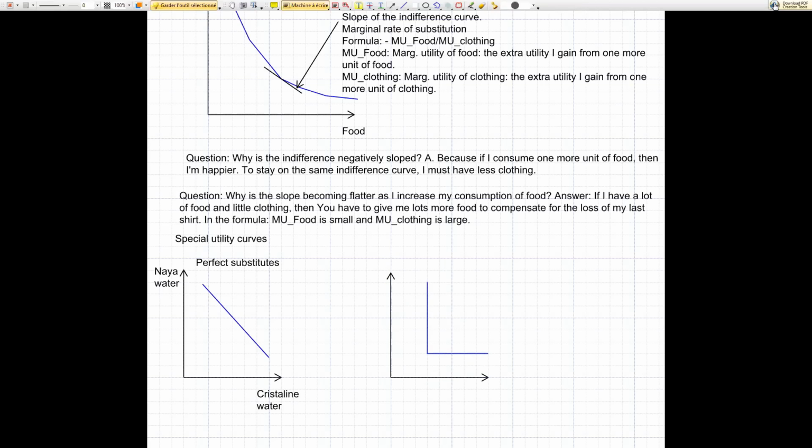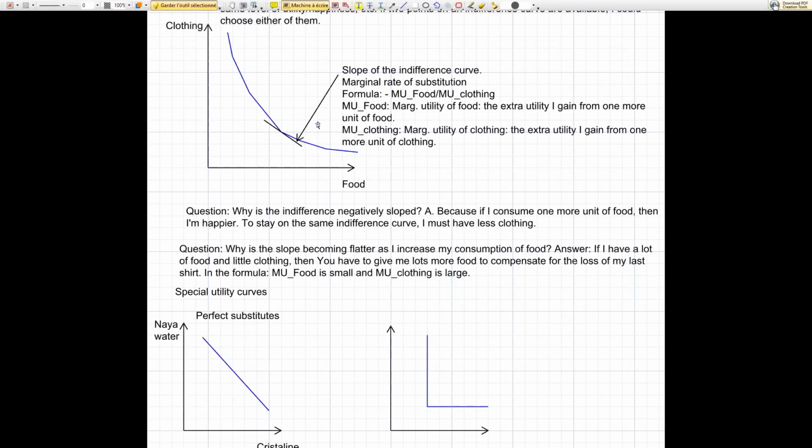Are those products that have no relations between them? If there's no relation between the two, well, it could still look like this. So what's the relation between food and clothing? You might say, yeah, well, I like to dress well when I go to a party, when I eat.